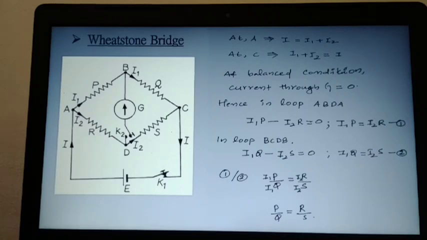To make the current through the galvanometer zero, you have to arrange the values of P, Q, R and S in such a way. That is known as the balanced condition of the Wheatstone bridge. So at the balanced condition, there is no current through the galvanometer.